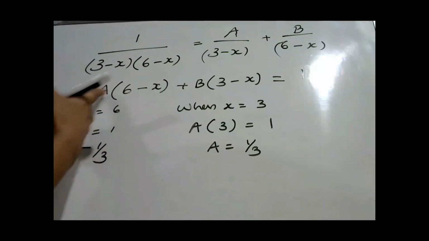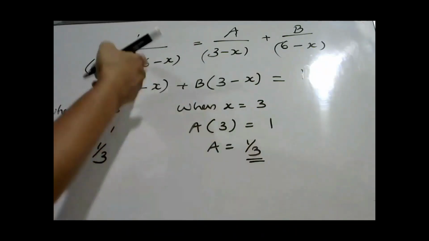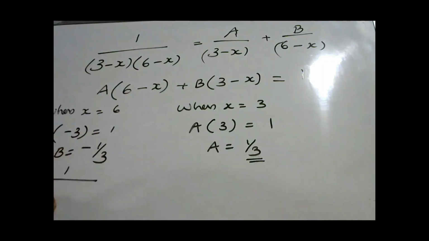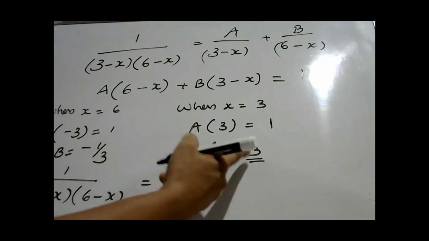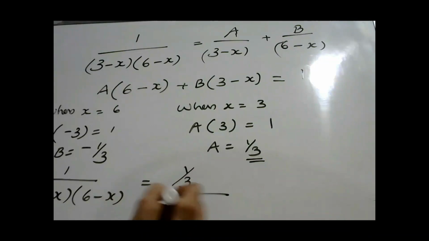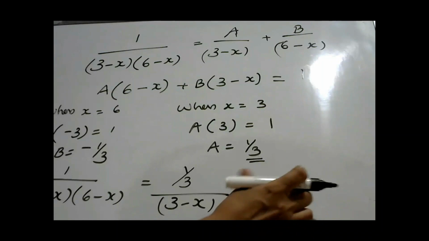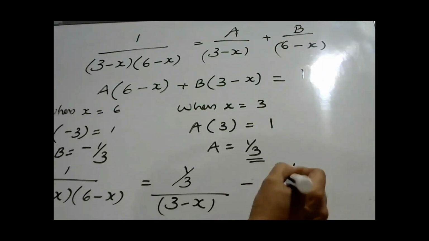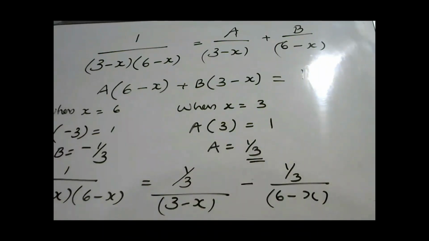So I can now write the given fraction as A, which is 1 over 3, over 3 minus x, plus B, which is negative 1 over 3, over 6 minus x. So this is now the required partial fraction.